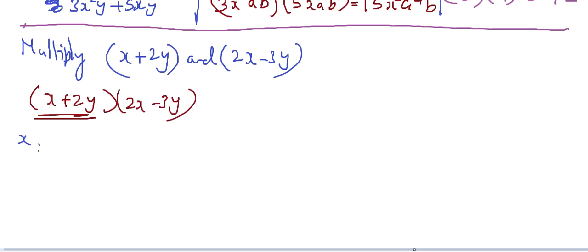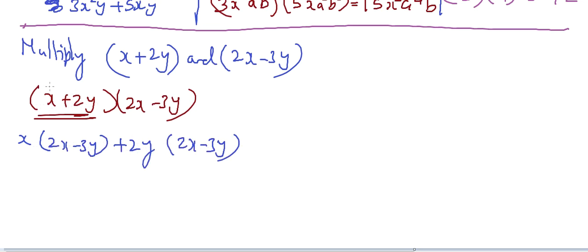The first term is x, so x into the second polynomial, that means 2x minus 3y. Then the second term of the first polynomial is 2y, so plus 2y into 2x minus 3y.